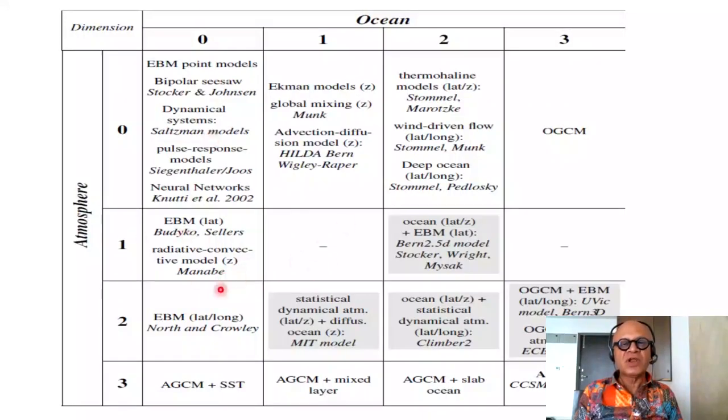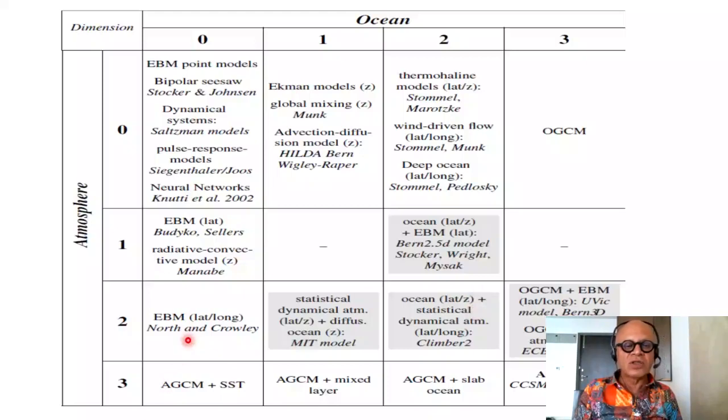There are hardly any one-dimensional atmosphere and one-dimensional ocean models, except maybe Hezi Gildor and Adam Sobel may have done an MJO model where they had such a one-dimensional model for the ocean and the atmosphere, but please check. With a one-dimensional atmosphere and two-dimensional ocean, you can get an ocean model which is latitudinal and depth, and an energy balance model for the atmosphere. That's a particular model by Tom Stoker, Lawrence Mizak, and Wright.